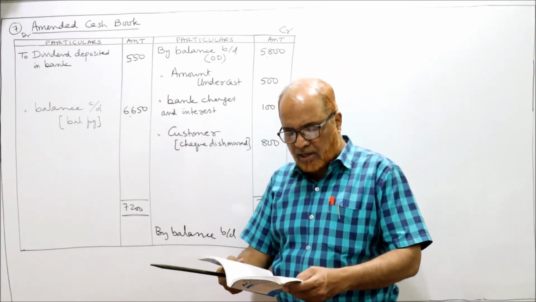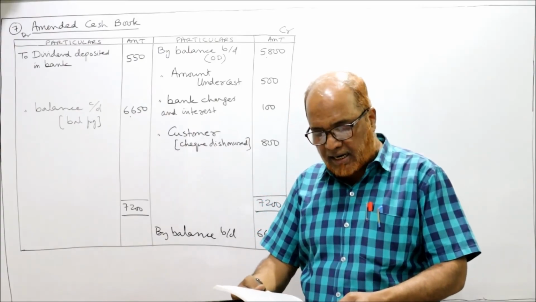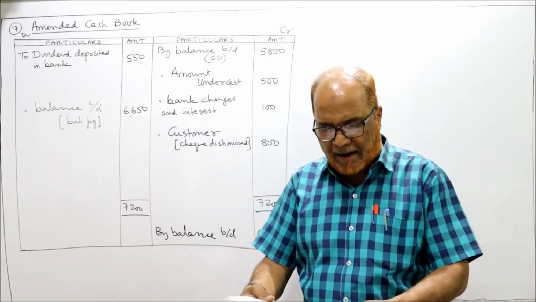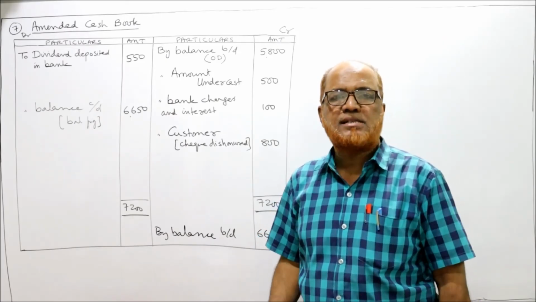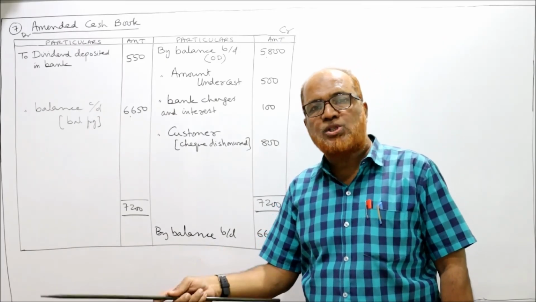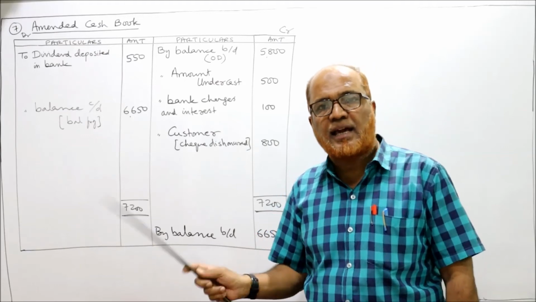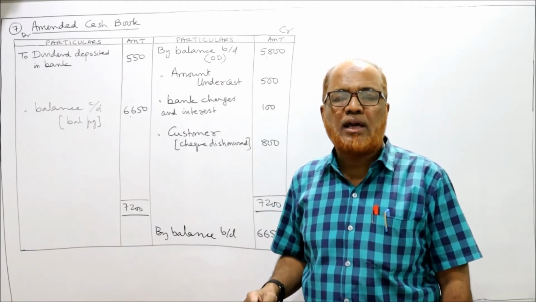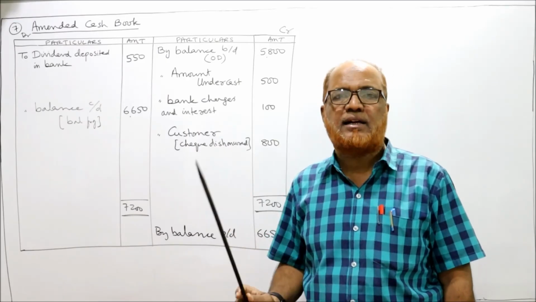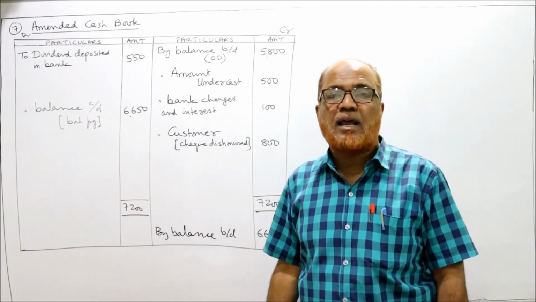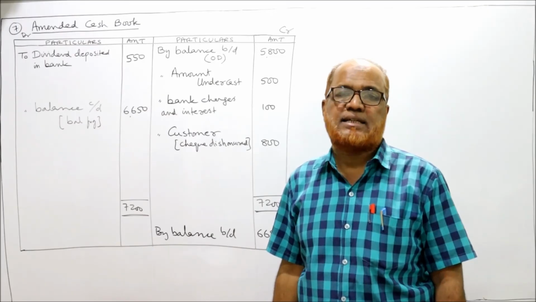Next one is a check worth rupees 2,000 entered in the cash book as paid into bank, but had not been collected by the bank. Now, a check had been deposited in the bank and entered in the cash book. So this 2,000 rupees worth of check had already been entered in the cash book, but the banker had not yet collected it.